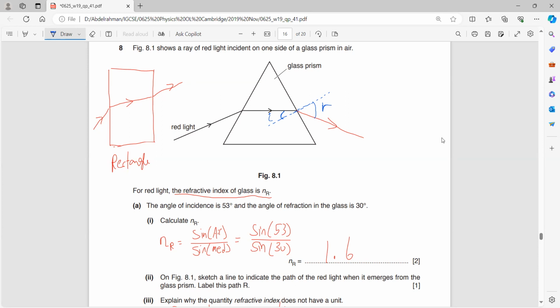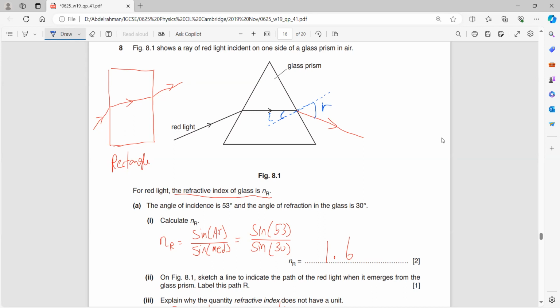But does it apply to all cases, or just because this one has red light? It wouldn't apply if you had white light entering the glass prism. Why? Because each color would refract with a different angle, since each one has a different frequency, so it could differ.